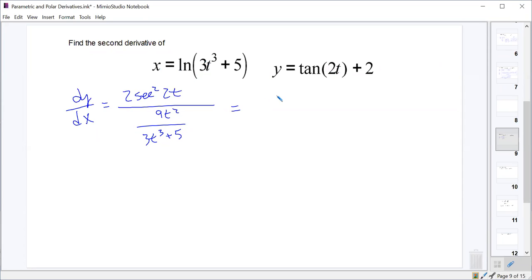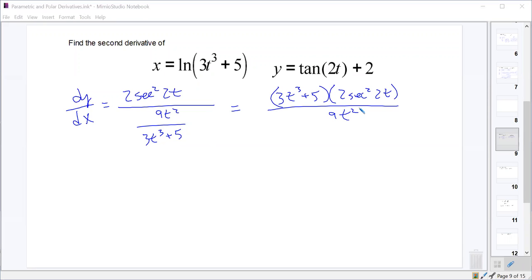So this ended up being 3t cubed plus 5 times 2 secant squared 2t, all over 9t squared. Everybody good with that? Yeah. Okay, and our second derivative then should be the derivative of that divided by dx dt.